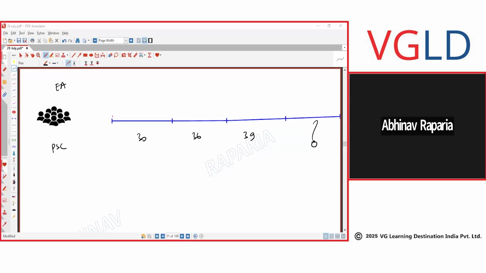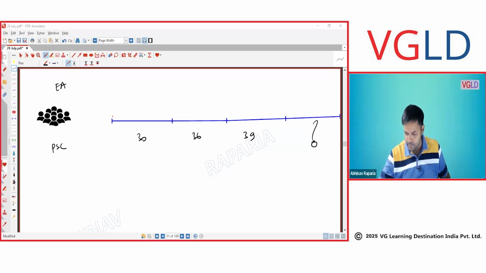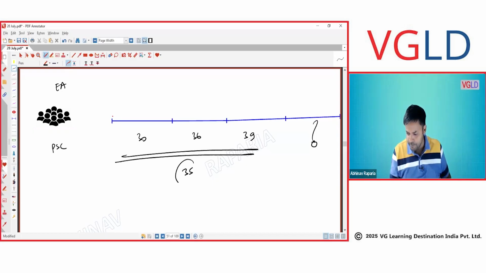So it's 36 plus 30 plus 39. The average is coming 35. Can you follow the cash method here? You are crossing 30 million. Will you follow the cash method here?